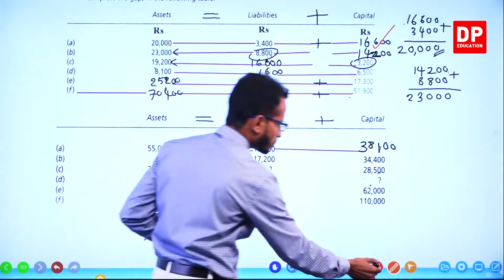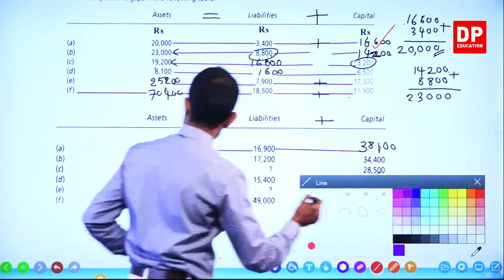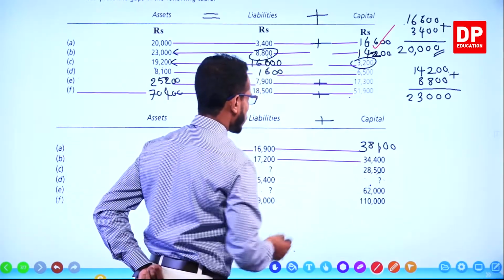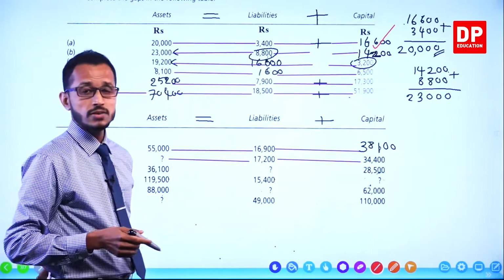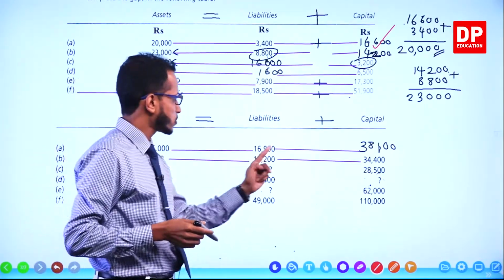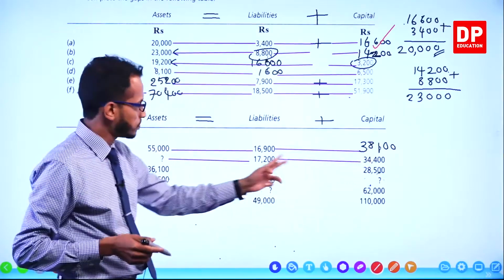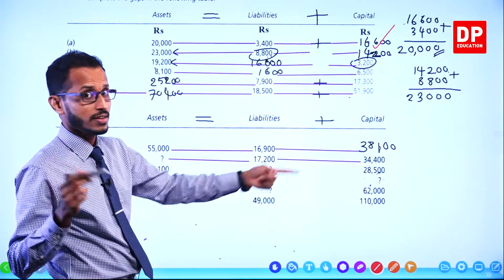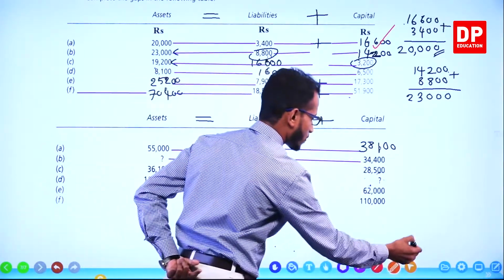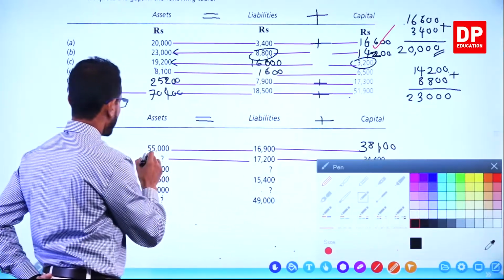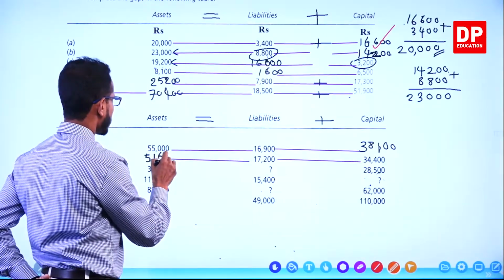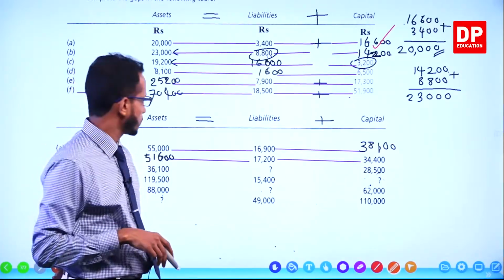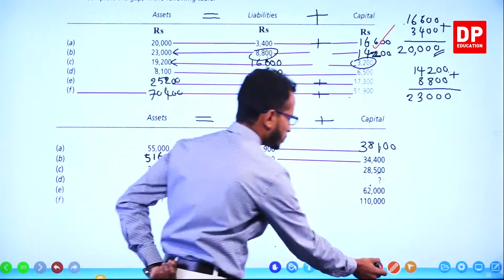Second, we have assets we don't know. 17,200 of liabilities and 34,400 worth of capital. 17,200 plus 34,400. I got 51,600. Did you get that? Okay, good.